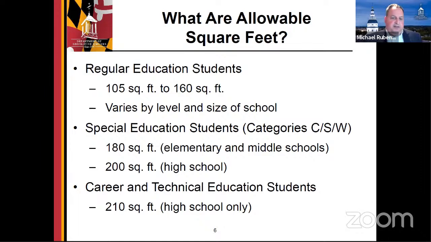Then there's special education student amounts that also vary by elementary, middle, and high school. And finally, there's a career and technical education allocation that's only for high school students. The next few slides will show how these compare to what was in place before the GABs were approved.